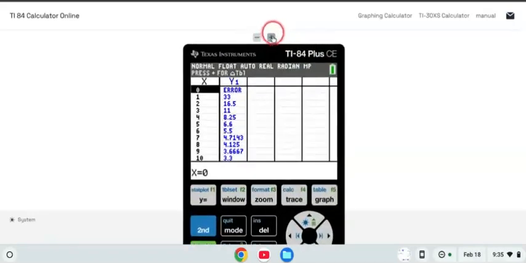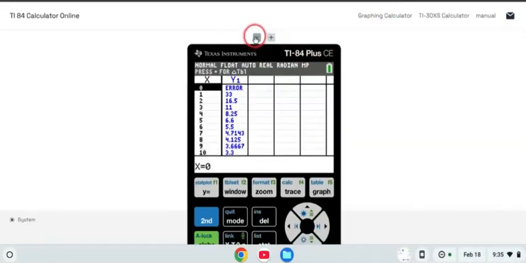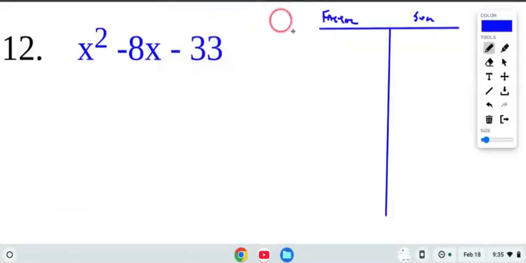I got to go back a little bit so I can arrow down. Okay, cool. So I'm going to look at this right here, and I'm going to put all my factors up. For the first one, I have 1 and 33.